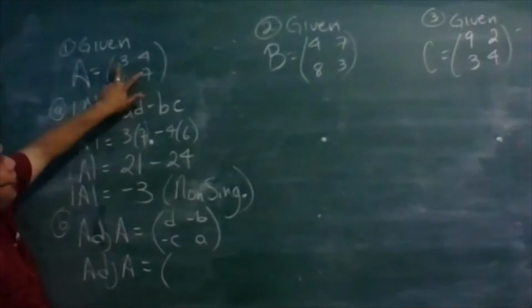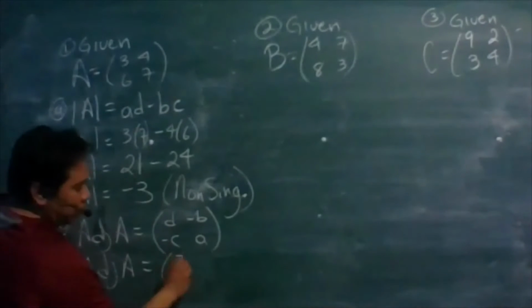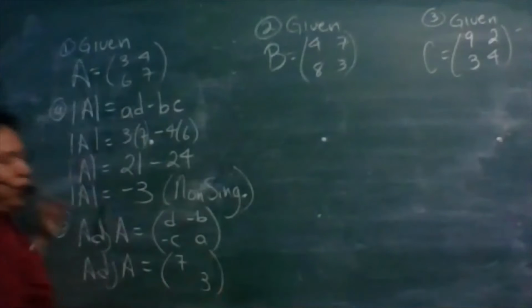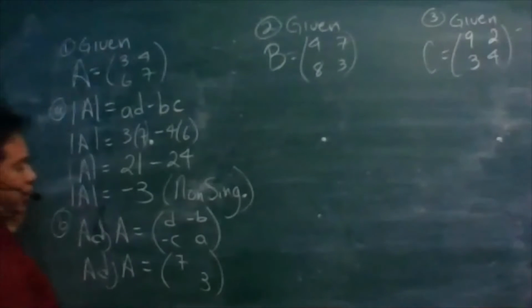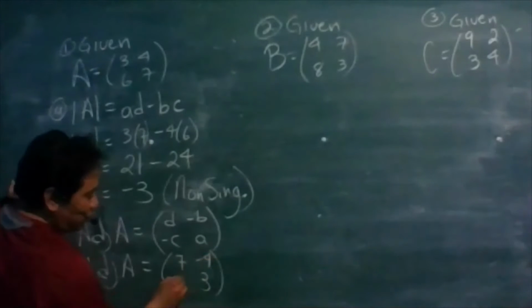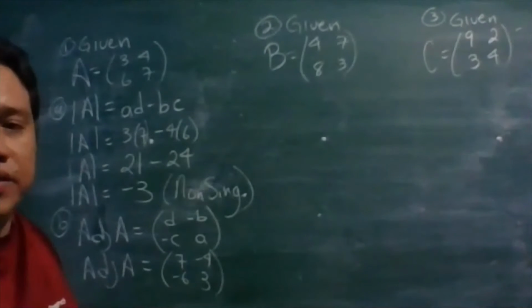So since 3 and 7 are the leading diagonal, it will now be 7, 3. And for my non-leading diagonal, since both of them are positive, I will change them into negatives. And that is all that I have to do for adjoint.